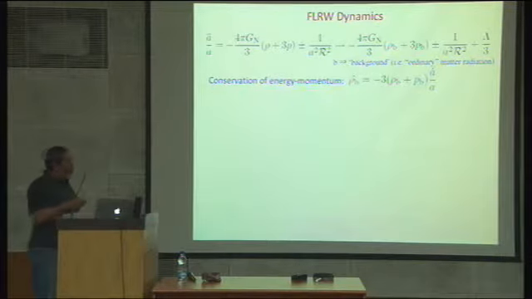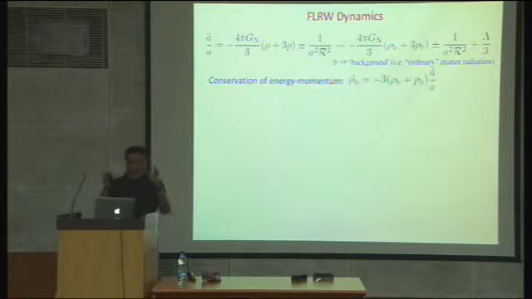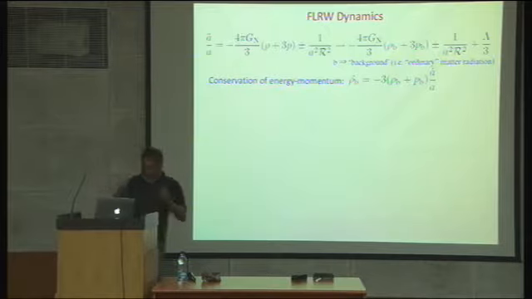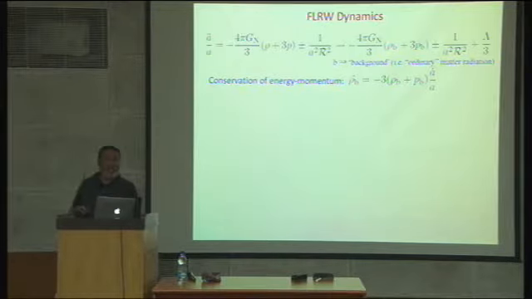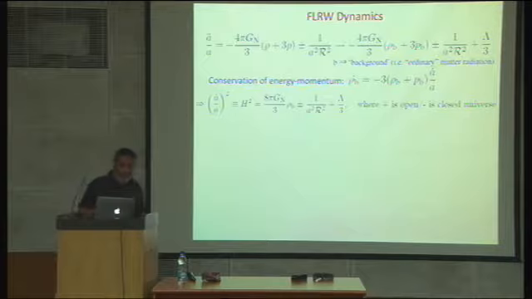And then we have the conservation of energy momentum, which of course is absolutely fine when you're looking at a small volume. It's expanding. We ask what is the change in the total energy content as a consequence of that, and that would simply be given by the dilution of the volume. The volume goes as a cube, so you have a minus 3 a dot by a. That's all there is to it. Right? So it doesn't matter that total energy is not conserved in general relativity. You don't have to worry about that here.